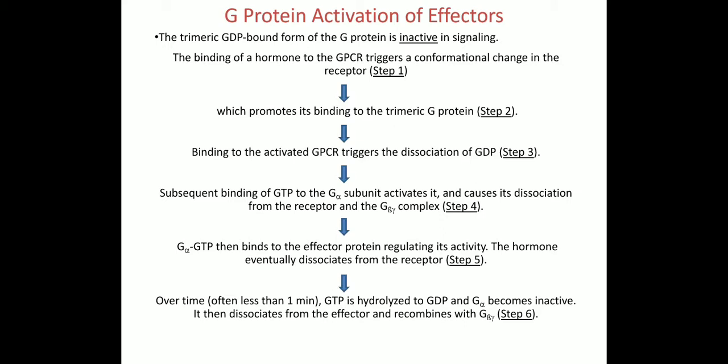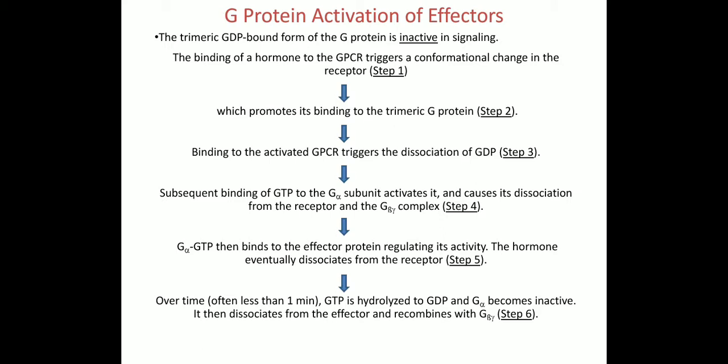This activation is for a short time, because after that the GTP bound to G alpha is hydrolyzed to GDP in seconds, catalyzed by the GTPase enzyme present in the G alpha unit itself. The resulting G alpha GDP quickly reassociates with the G beta gamma subunit, thus terminating the effector activation.